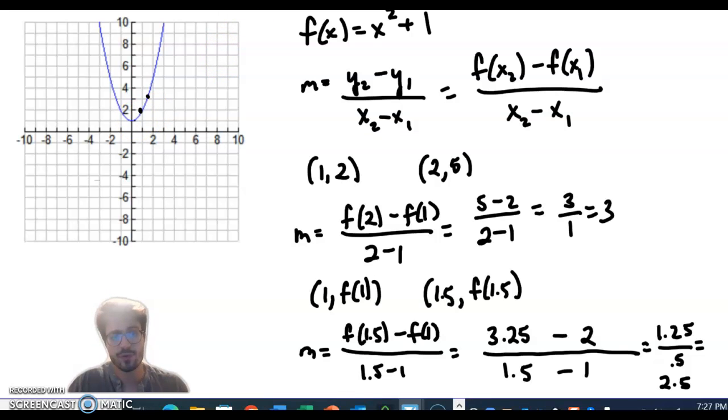What would be even more useful? What if, and I'll use a different color, I pick this point?